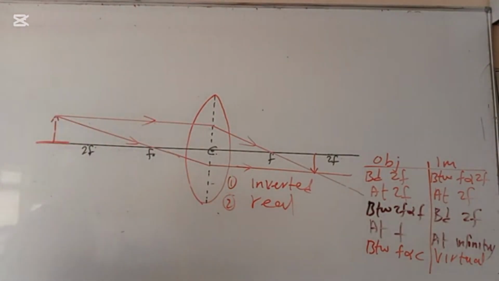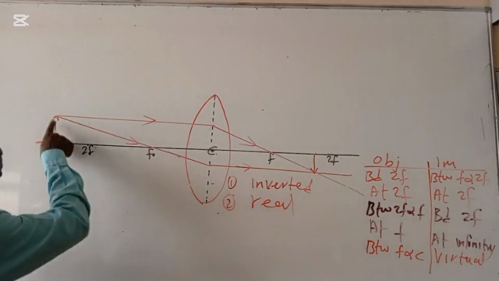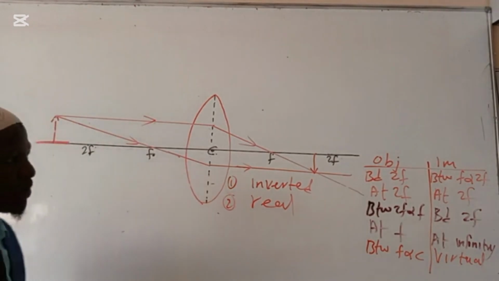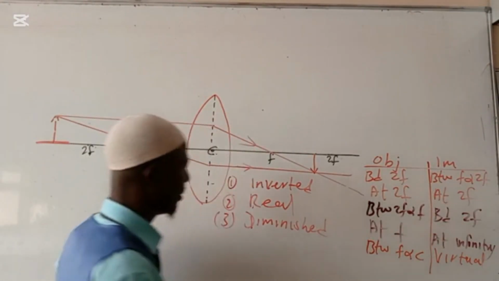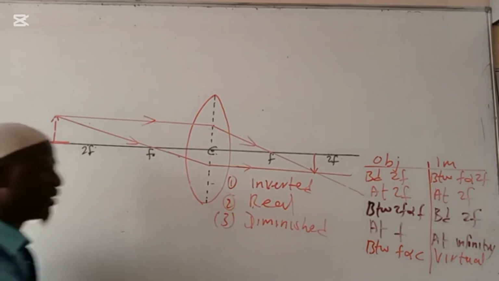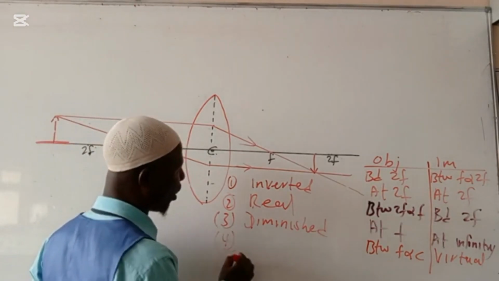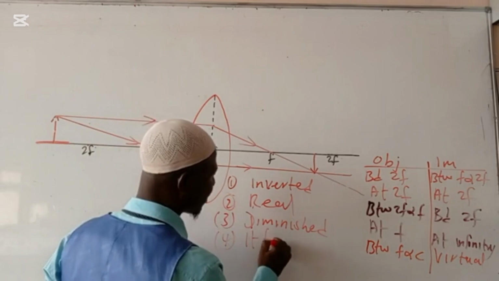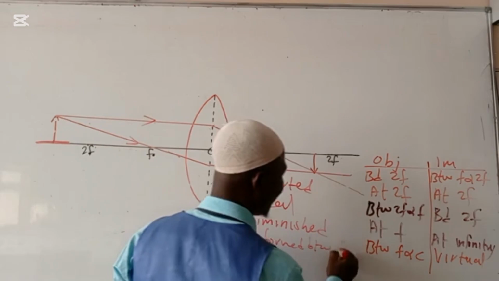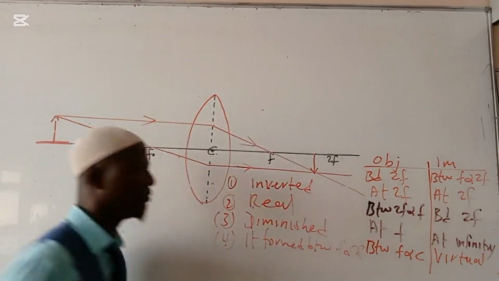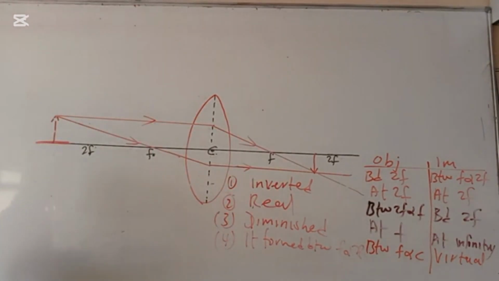Then it is smaller compared with the object, so in that case we say it is diminished. Another one you can state is that it forms between F and 2F.